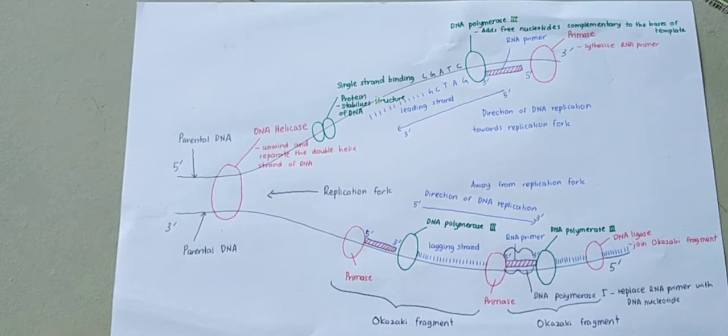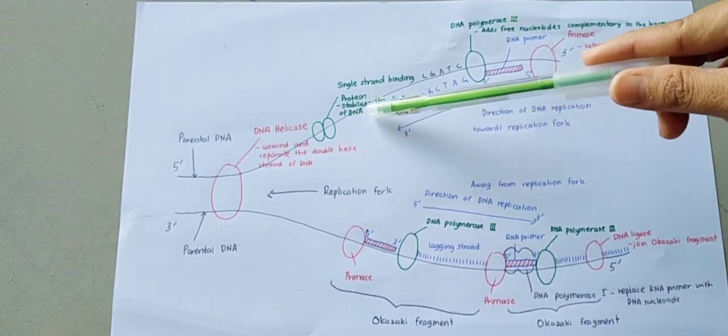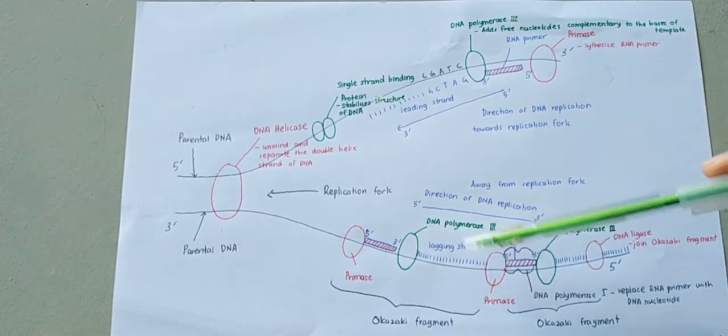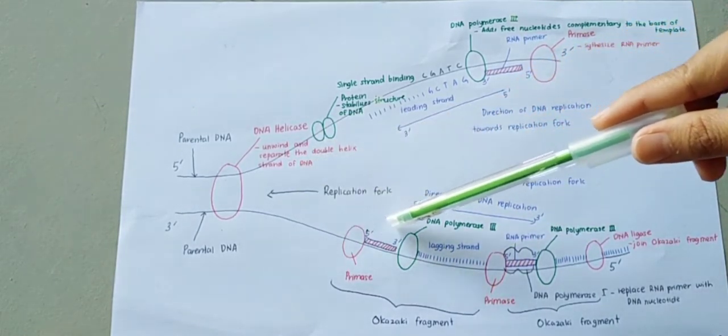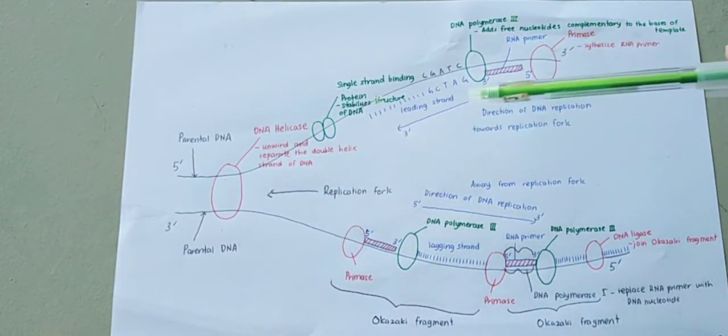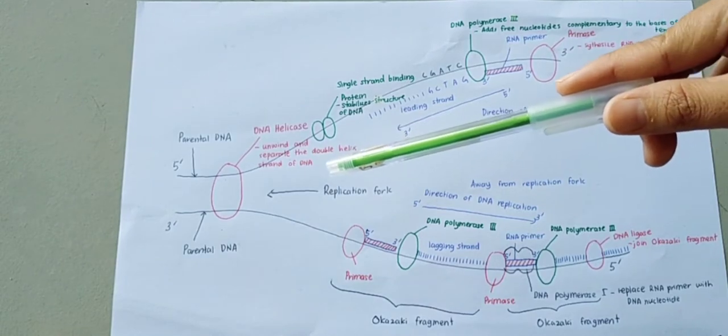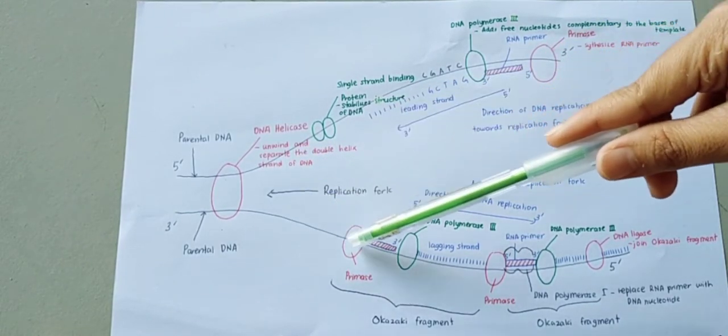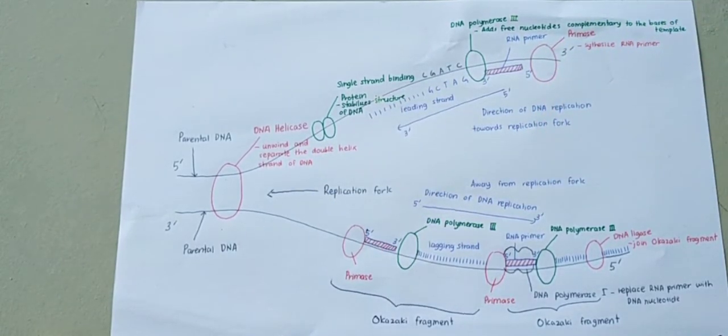Actually DNA gyrase will prevent excessive coiling of the double-stranded DNA. Okay, so once DNA is already separated, awak akan nampak dekat sini, this one kita panggil sebagai replication fork. So replication fork represents the Y structure of the DNA once it is already separated.